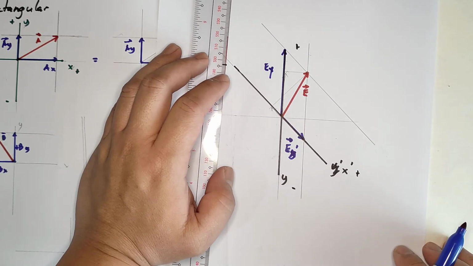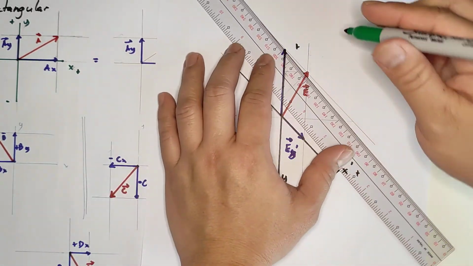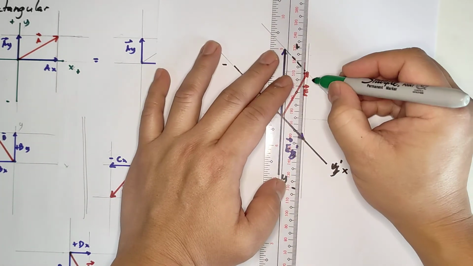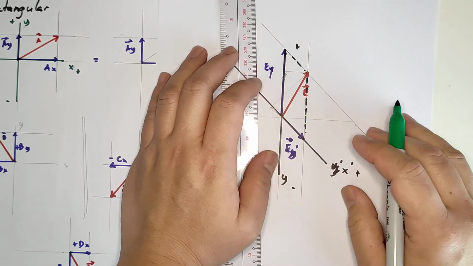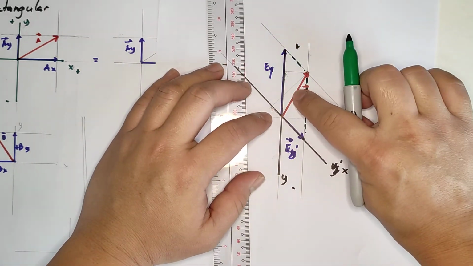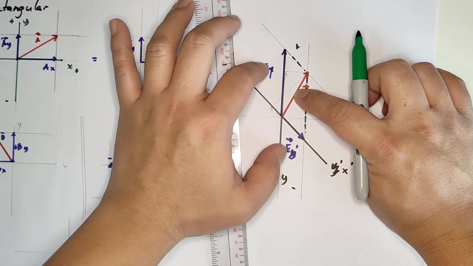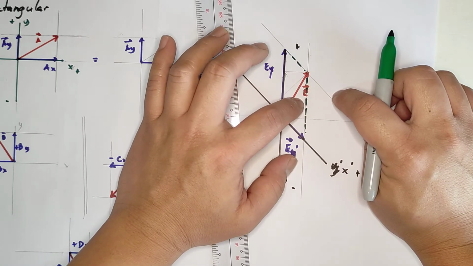Now take note, if you notice, it forms a parallelogram. And if this is a parallelogram, later on, if you remove the e and get the resultant of the vectors ey and ex prime, you will get the e. So they are the same.